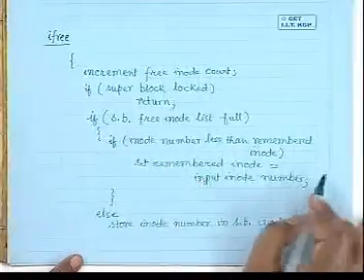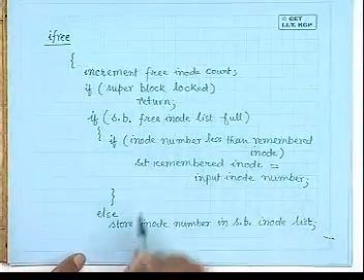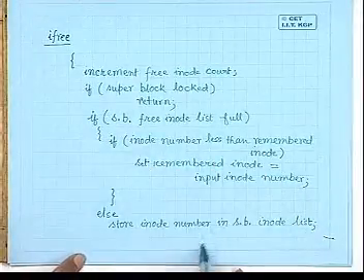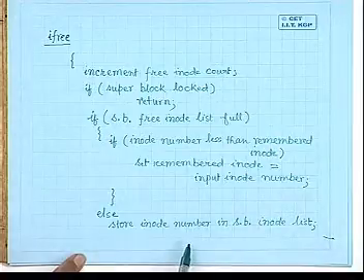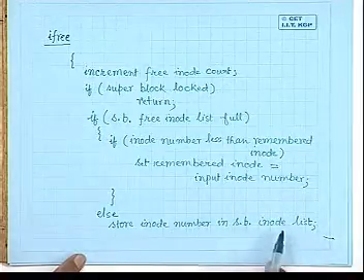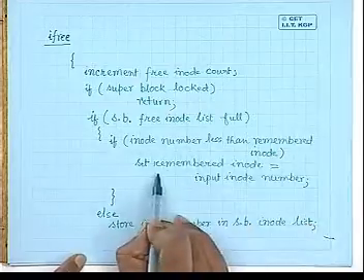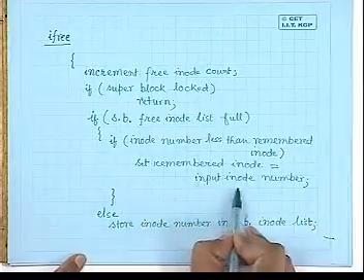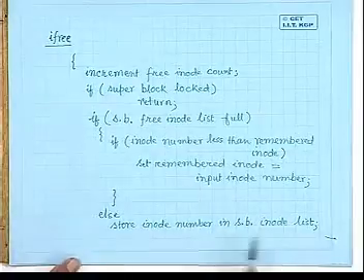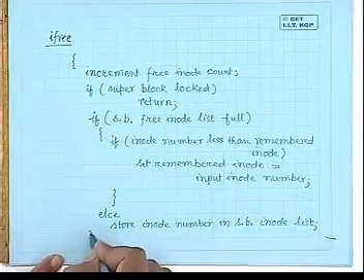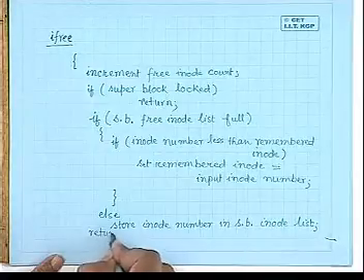So if the superblock free inode list is not full, this new inode number will be placed in the superblock free inode list. In case it is full and the inode number is less than the remembered inode, then the remembered inode has to be set to this new inode number. And with this, you can return from this algorithm.